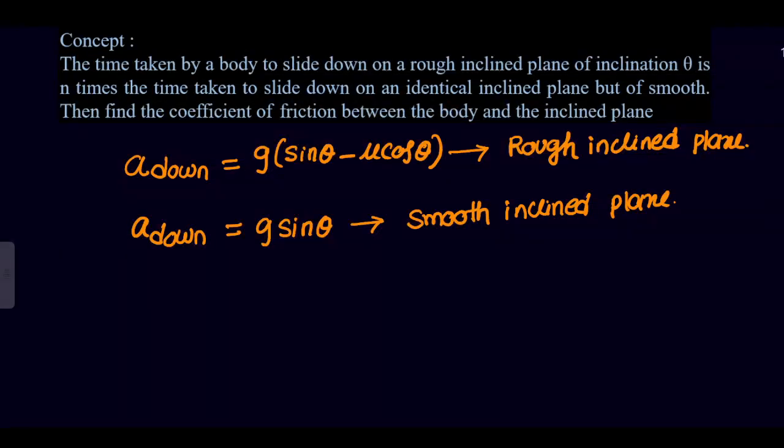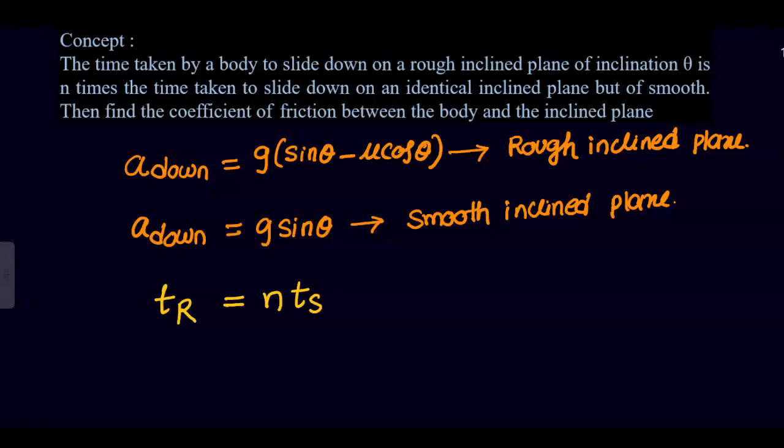Right. So we need to find out, they given the time taken in the rough as n times the time taken to move on a smooth. So time taken for rough is equal to n times the time taken to move on a smooth.